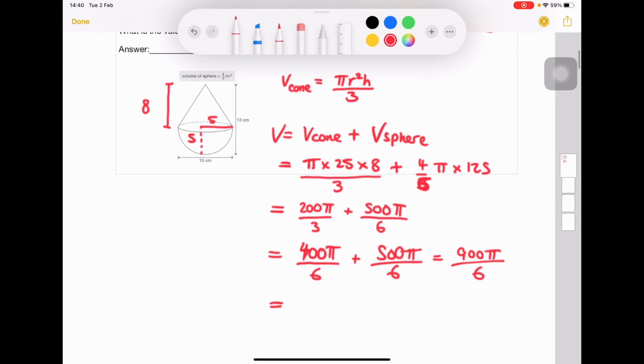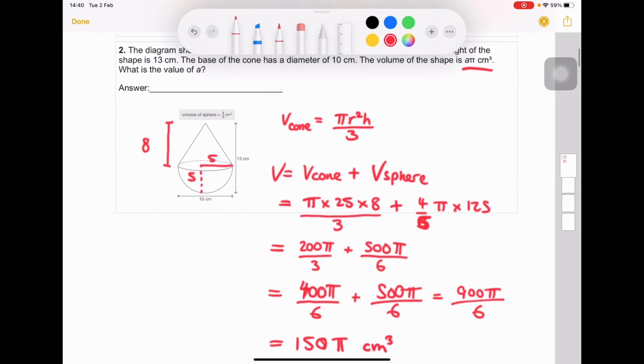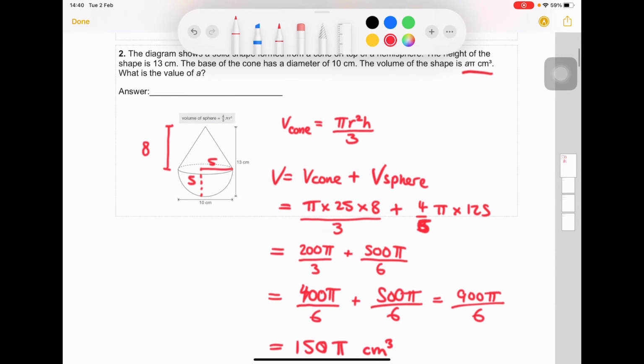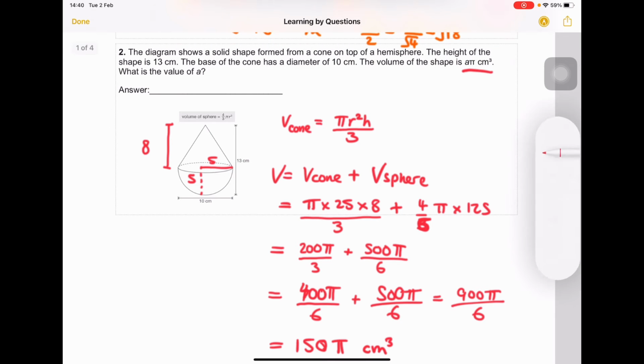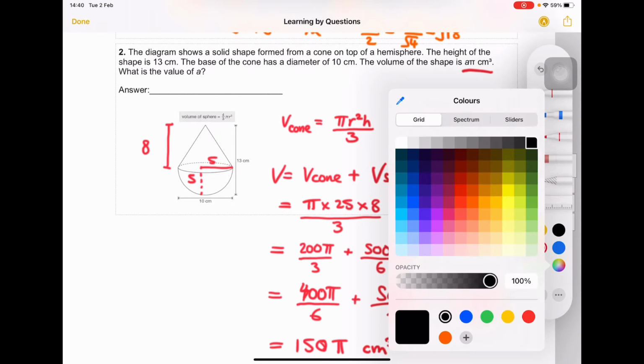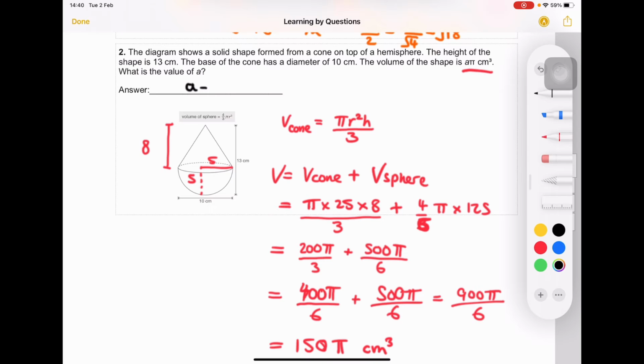Now we simplify, and so 900 divided by 6 is 150 pi. Units are centimeters cubed. And so going back to our question, we could say A equals 150.